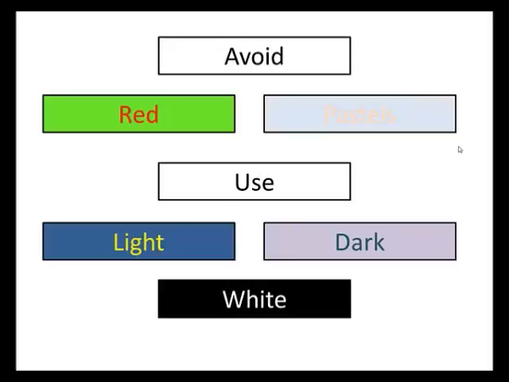Instead, if you're going to use color, make sure you think about balance. Light font color should go with a dark background, or a dark font color should go with a light background. Classic combinations are blue with yellow. You can also think of different shades of the same color. So here is like a darker purple with a much lighter purple. A really classic, powerful combination is white text with a black background.